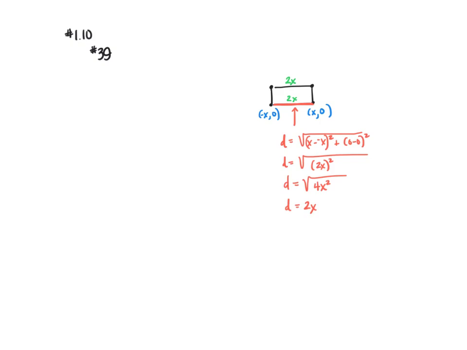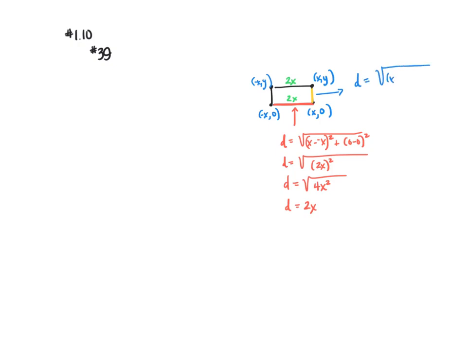Then I did the same thing for this vertical line segment. I knew that I have a point here that's x comma y, which makes this one a negative x comma y. So what I did is I found the distance of that line segment just by using the distance formula.